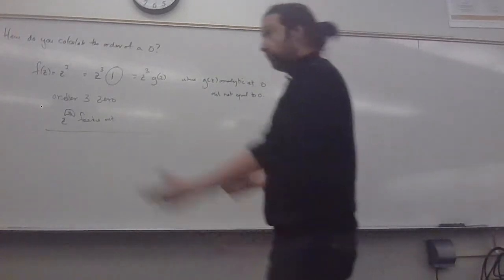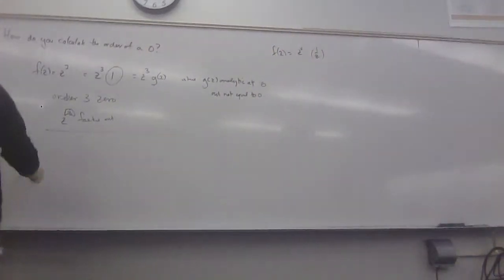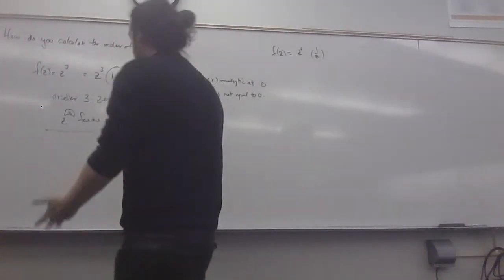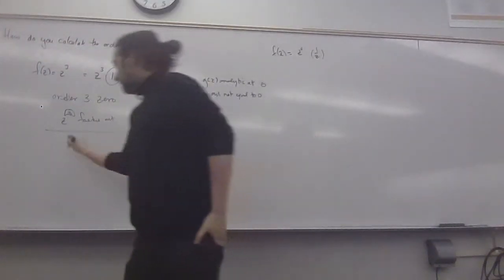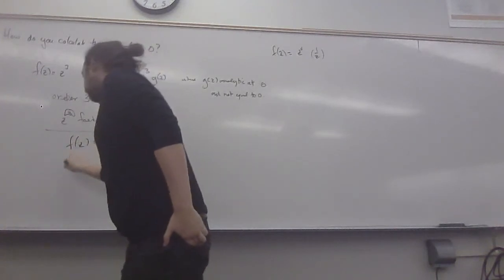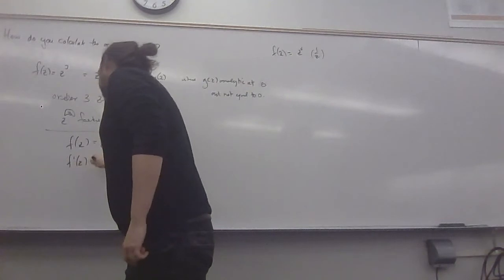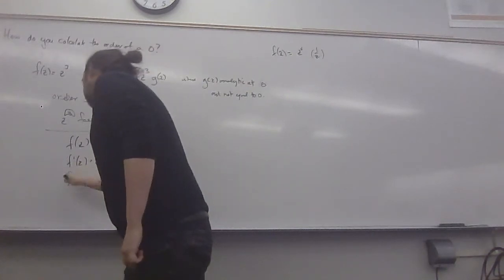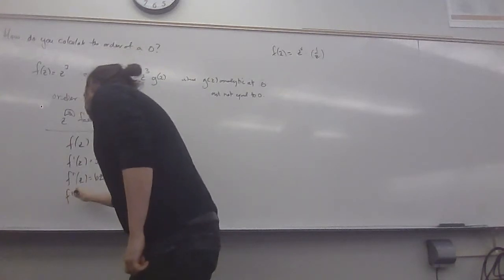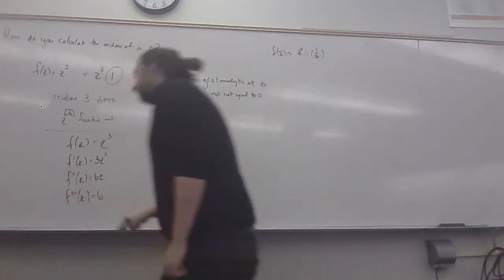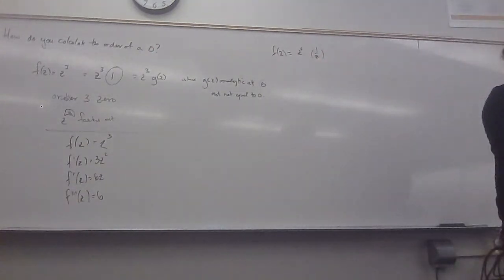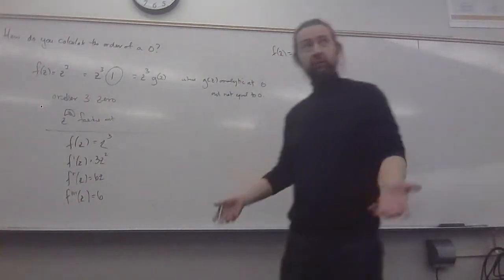So there's another way to do it. I don't know if you would have seen this maybe in a calculus class, but the idea is if you start taking derivatives of this thing, f prime of z is 3z squared, and f double prime of z is 6z, and the third derivative of f is 6, and you evaluate all those derivatives at the 0 that you've identified, how many of the derivatives evaluate to 0?